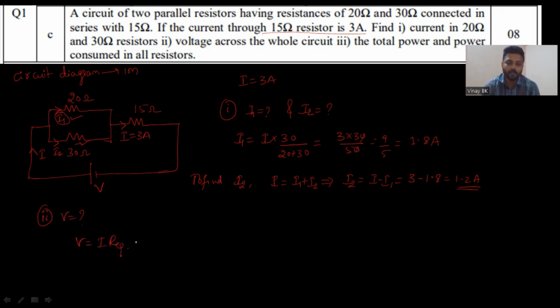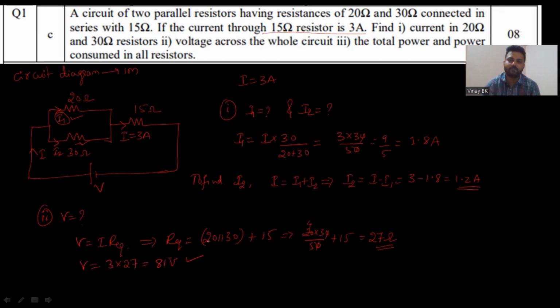You know the value of I, and R equivalent is 20 parallel to 30, in series with 15, so 20 into 30 divided by 50, plus 15. That gives 12 plus 15, so you get 27 ohm R equivalent. Then V equals 3 into 27, which is 81 volts. The second point is finished.